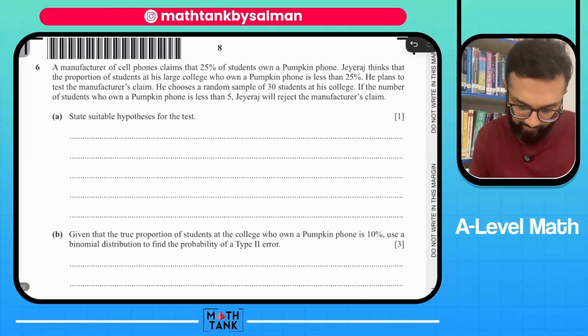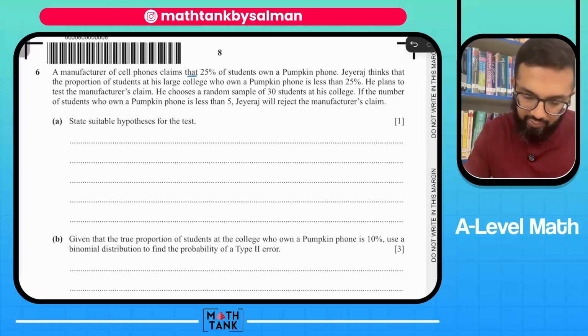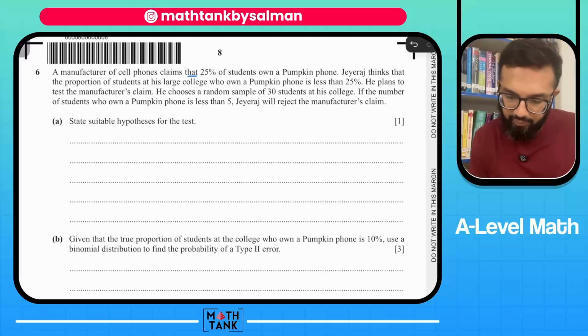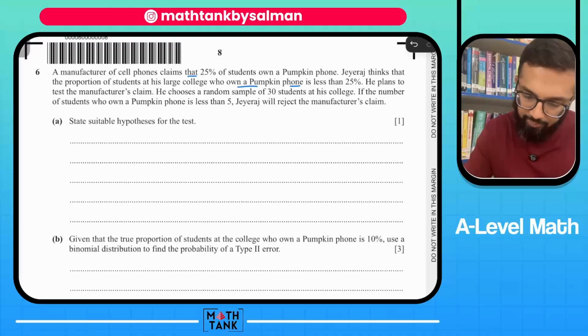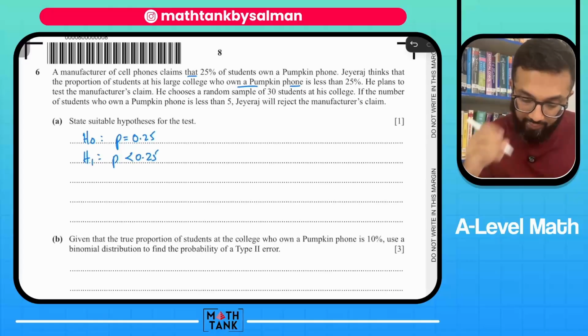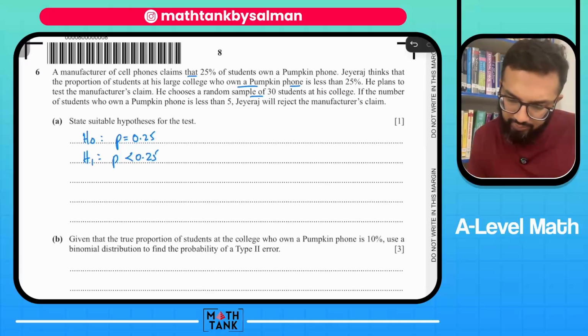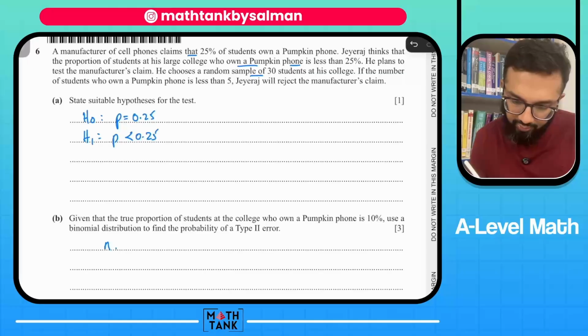A manufacturer of cell phones claims that 25% of students own a pumpkin phone. Jairaj thinks the proportion of students in his college who own a pumpkin phone is less than 0.25. So P equals 0.25 and P is less than 0.25. He plans to test the manufacturer's claim. He chooses a random sample of 30 students at his college.